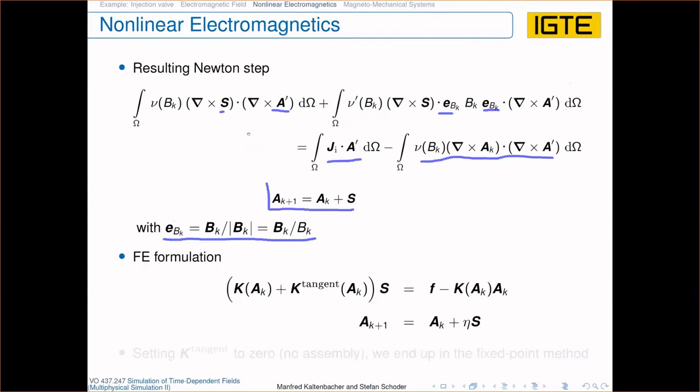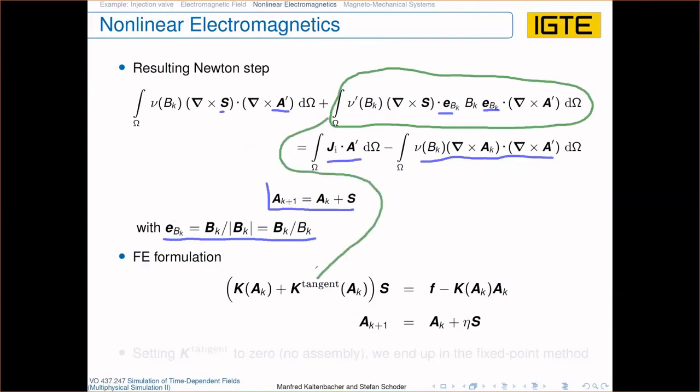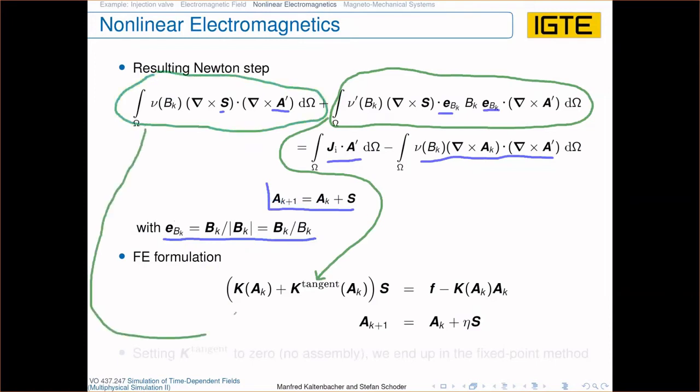What we have here is as follows. This part really gives us this term here, and this part gives us our standard stiffness matrix, which is this one, multiplied by the unknown increment s, which we want to solve.